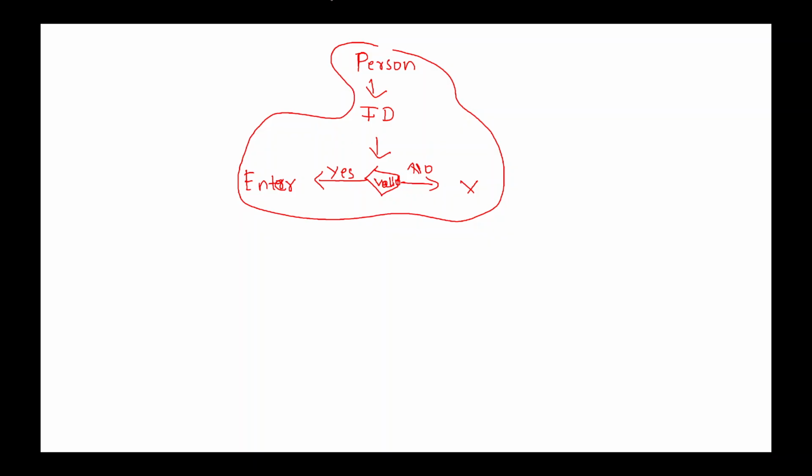The only thing that has been changed here is the physical object. Because in the first case, we have a watchman, but in the second case, we have a system, like a machine, a sensor based system which is designed to verify an ID card.